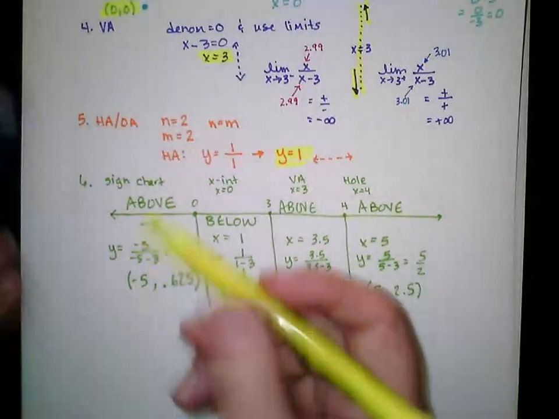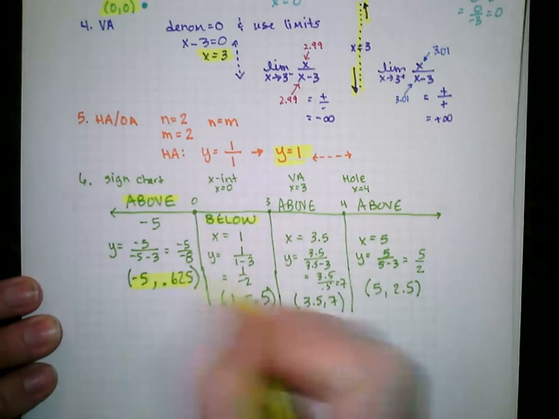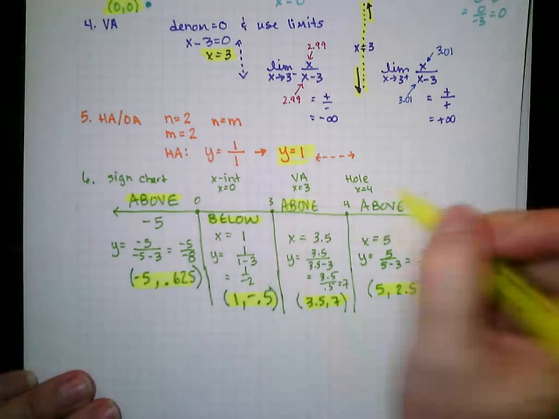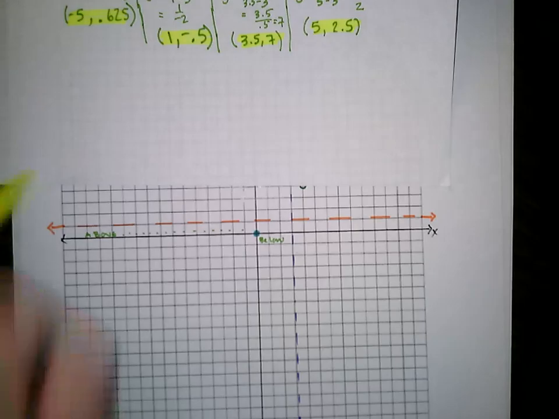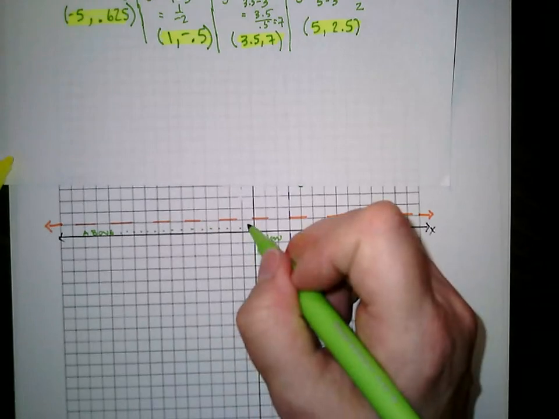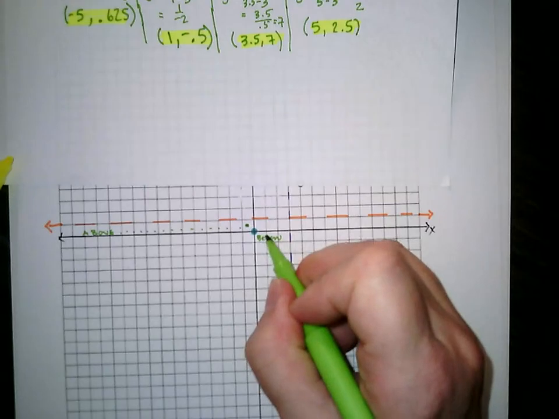What were those? So I know that we were above, below. I can add in these ordered pairs that are extra. So I can put those guys in, negative 0.5, 0.625, so that's about here. 1, negative 0.5, right there.